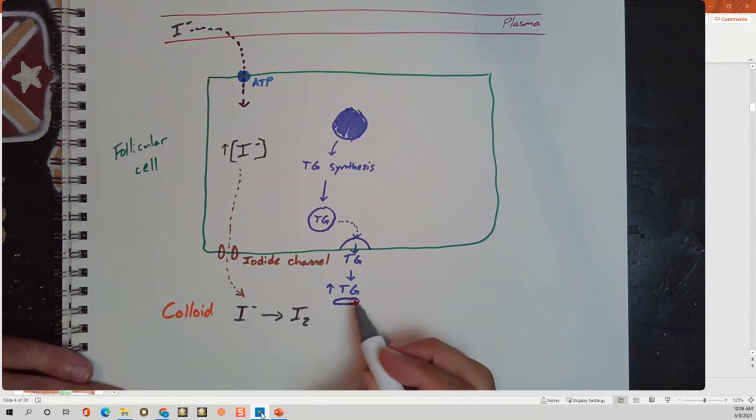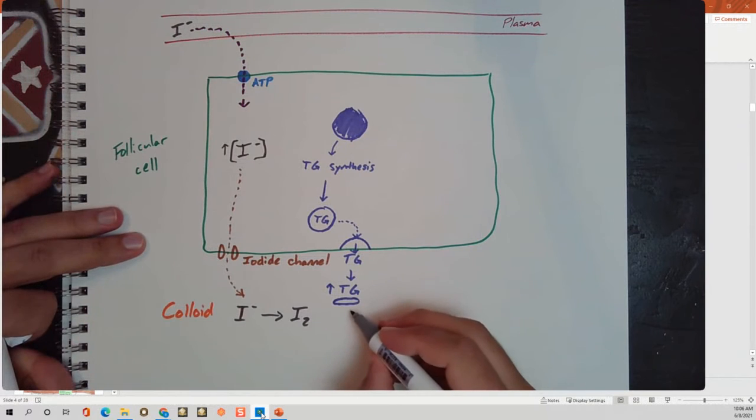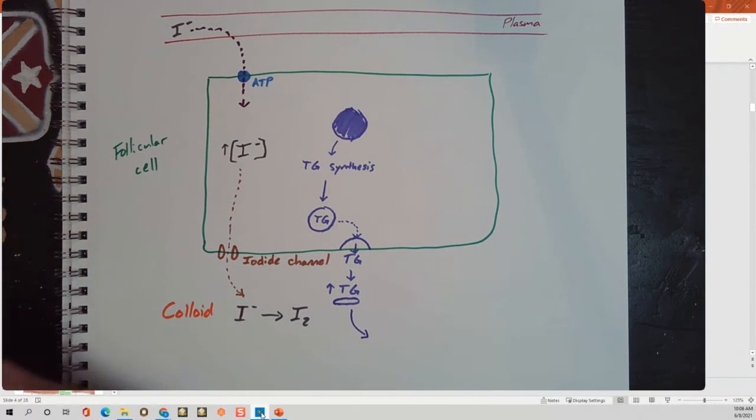So now that we have thyroglobulin and we have iodine, what if I were to take this thyroglobulin and combine it with some iodine?